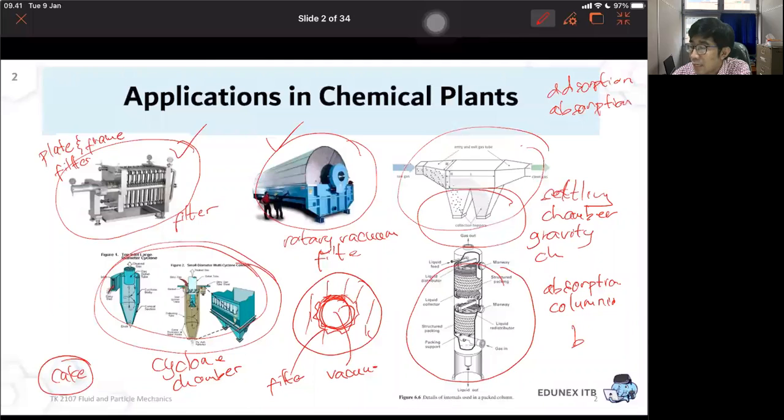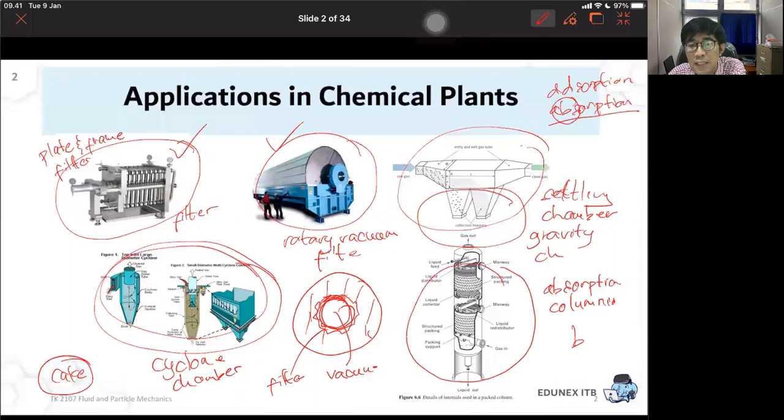Okay, absorption is basically the process when you want to clean up some gas, meaning you need to reduce some component in the gas so that the gas can be further processed.